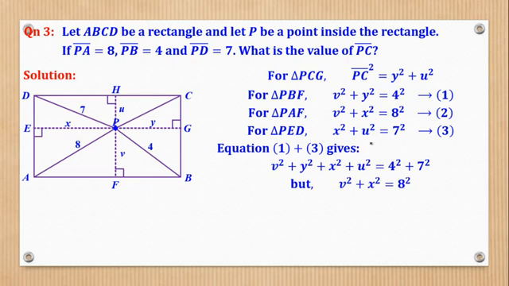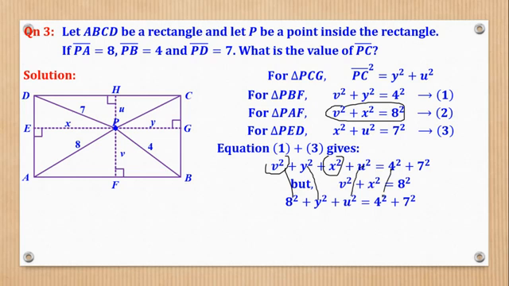But you realize that from here, v squared plus x squared is equal to 8 squared. And also here we have this and this. So I can replace them with 8 squared and remain with 8 squared plus y squared plus u squared equal to 4 squared plus 7 squared.